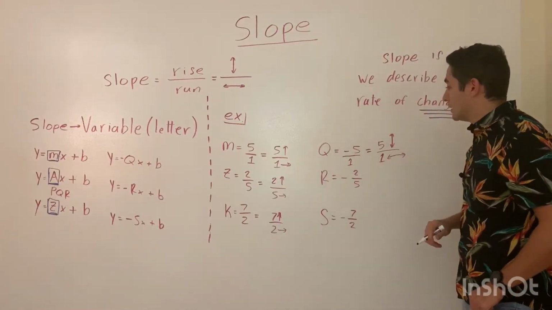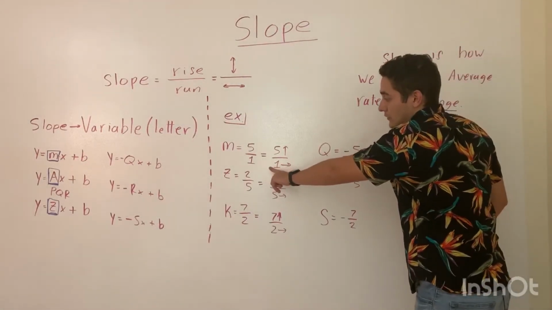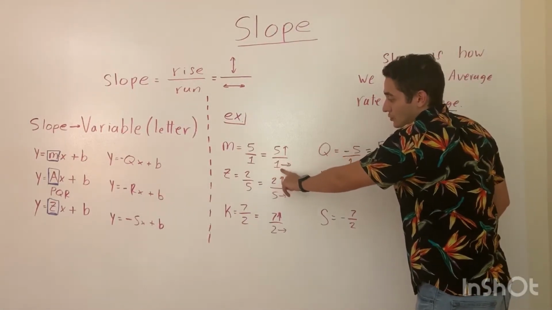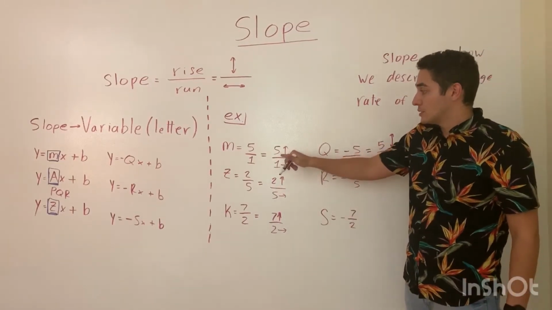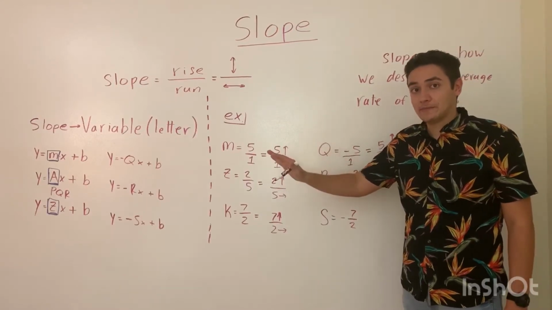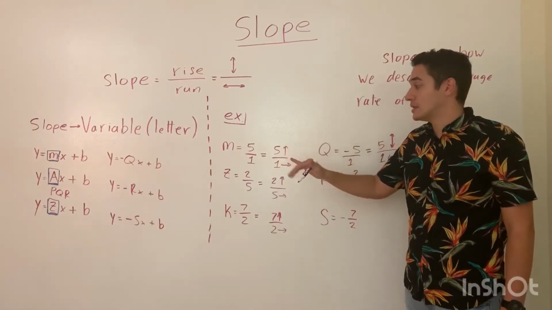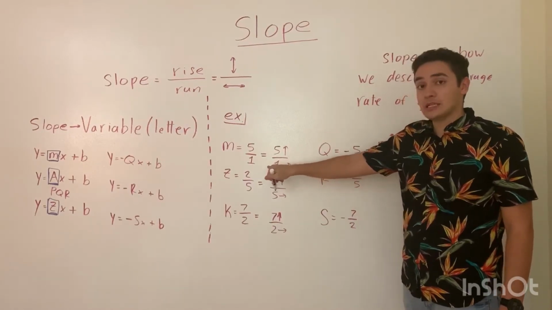Now the 1 is very easy. We saw this before. The positive 1 was at the bottom, so it's always to the right. Remember, even though they're a fraction, we inspect these numbers for their signs independently. So the number on the top is a positive and the number on the bottom is a positive.